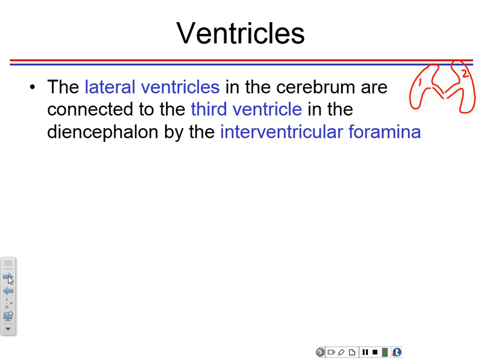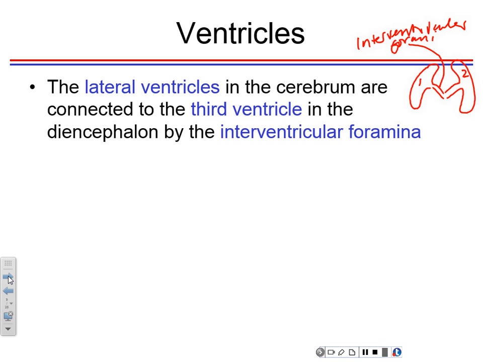Okay, these are the biggest fluid chambers, or cerebrospinal fluid chambers, in the brain. Okay, in fact, 80 to 90% of the cerebrospinal fluid is produced by the choroid plexuses that are located in here. Okay, so lateral ventricles, those are them, and the lateral ventricles are joined by this connector called interventricular foramina, for plural, foramina.